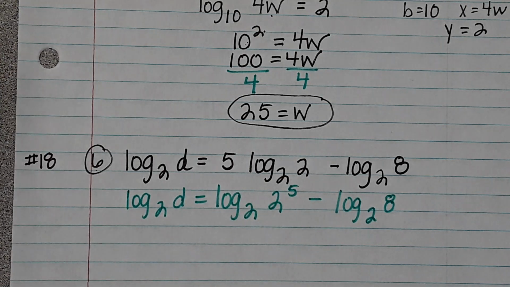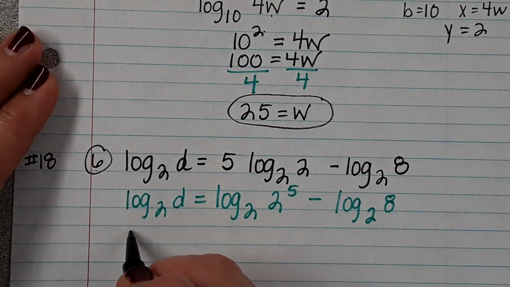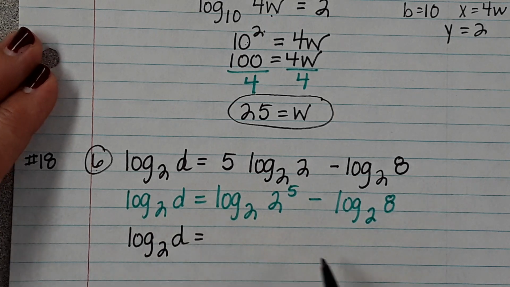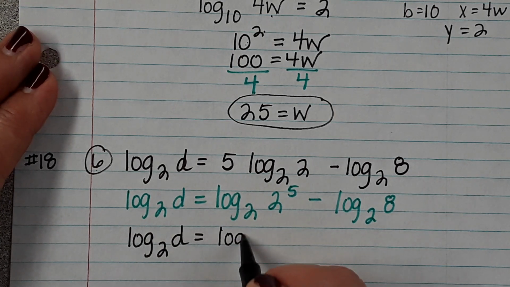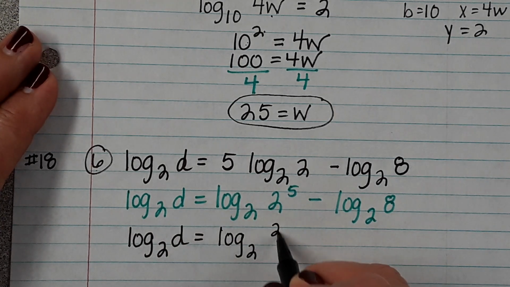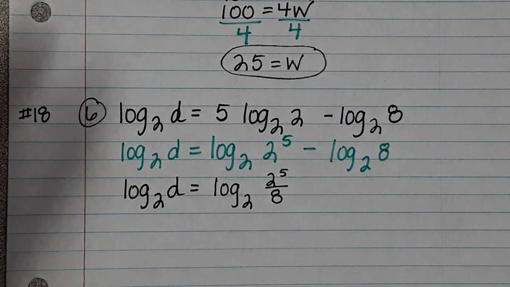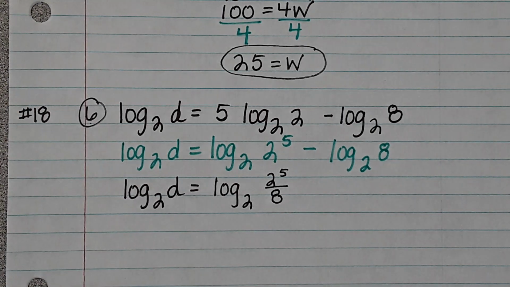You notice that they have the same bases and that it's a subtraction problem. So subtraction problems can be rewritten as how? Division. So we're going to rewrite it as a division. So we're going to have log base 2 of 2 to the 5th over 8. You told me that these have the same bases, so that means that we can drop them.